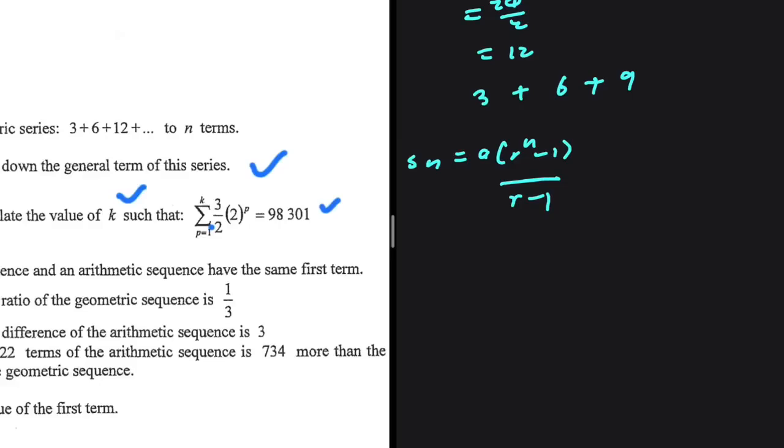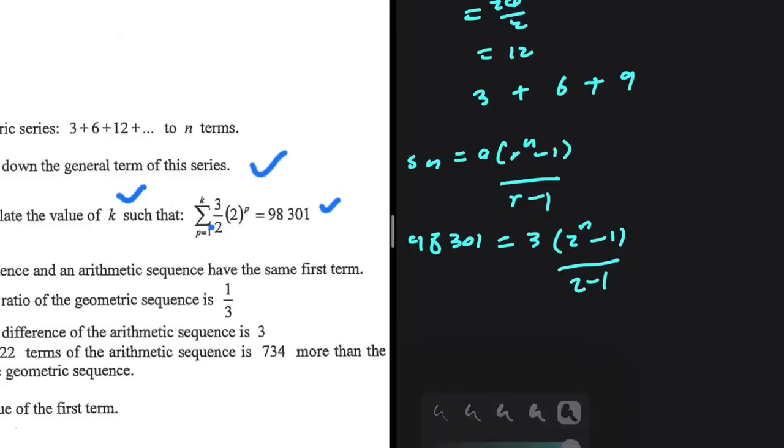Okay, so what is the value of n for which we're going to have a sum of 98,301? Let's find out. A is the first term, which is 3. R is the common ratio, which is 2. So 2 to the power n minus 1, everything divided by r minus 1. So that is 2 minus 1, which is just 1.